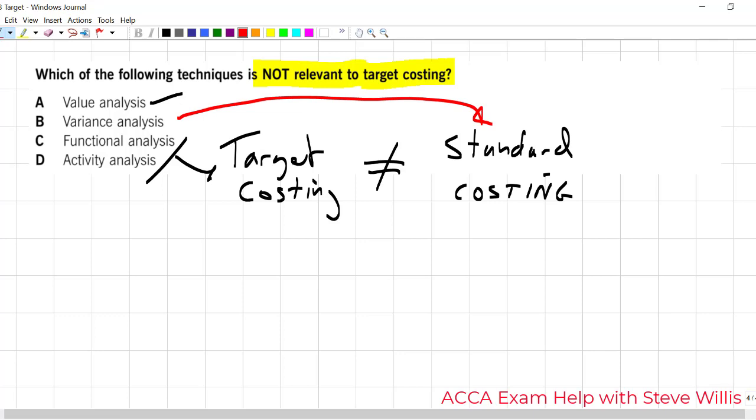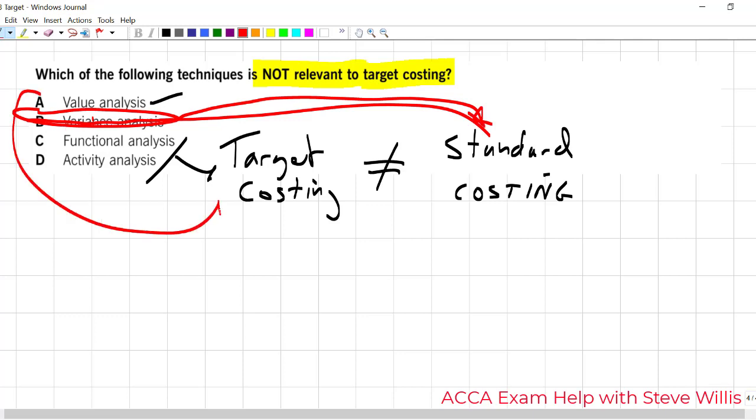Management set a standard cost per unit, and then we use variance analysis to control performance. How much should it cost? How much did it cost? That one goes with standard costing, and it's about cost control, not cost reduction. So I would eliminate B immediately just by identifying variance analysis. Ooh, that's the old-fashioned bit. These other ideas, modern tools that go with the modern approach.